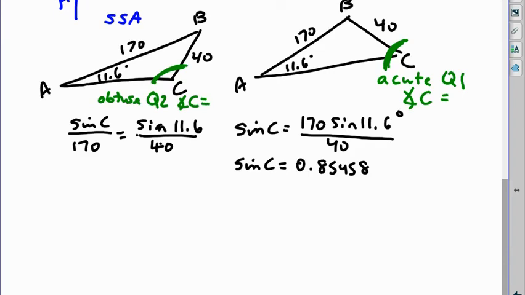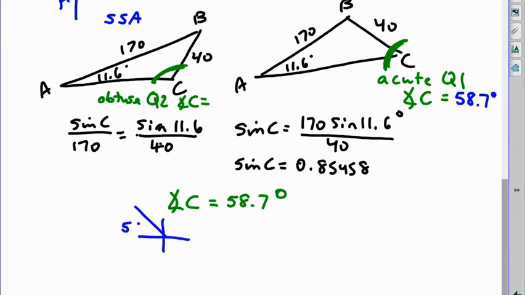When I do my inverse sine, I get an angle C of 58.7 degrees. That is clearly up here on the right triangle, 58.7 degrees. And as I put my reference angle of 58.7 into quadrant 2, I can get my obtuse angle for angle C of 121.3 degrees.